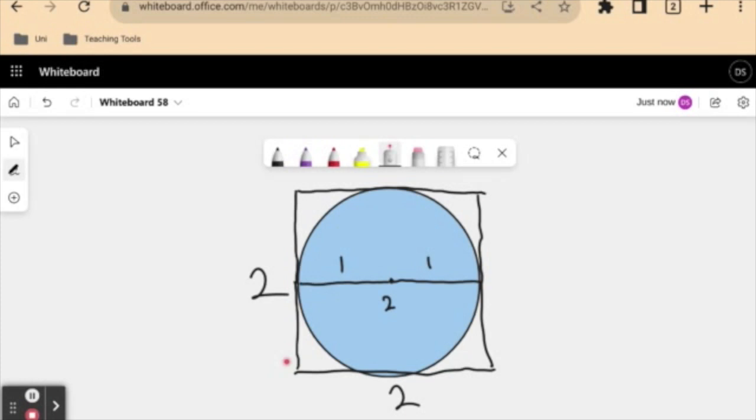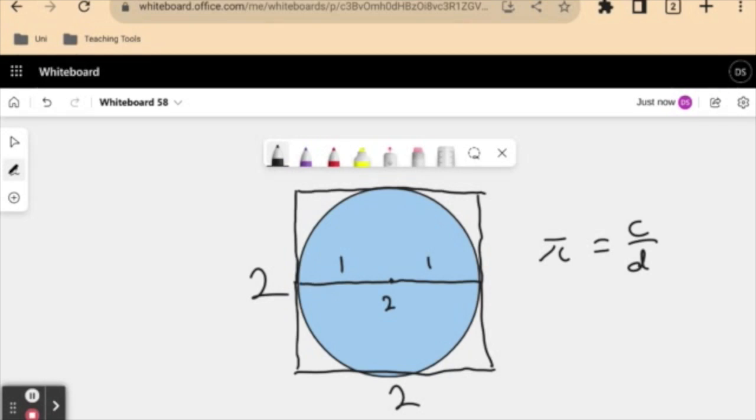So we can say that the circumference is going to be, well, actually, sorry. We said that pi was a ratio between circumference and diameter.